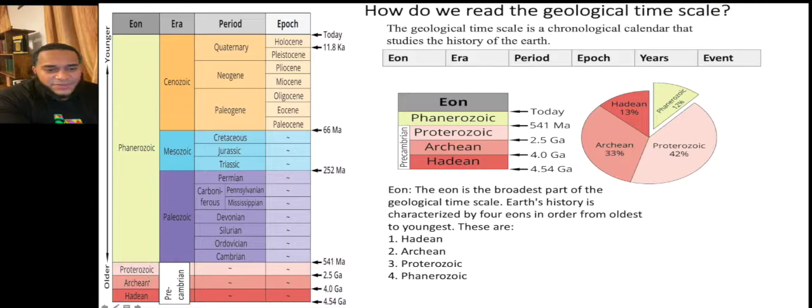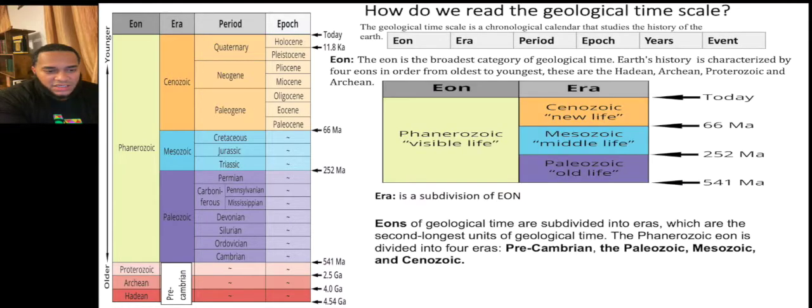The oldest time periods are at the bottom, and the youngest are on the top. From the Hadean eon, which is the oldest, followed by the Archean eon, the Proterozoic eon, and the Phanerozoic eon, which is present time.